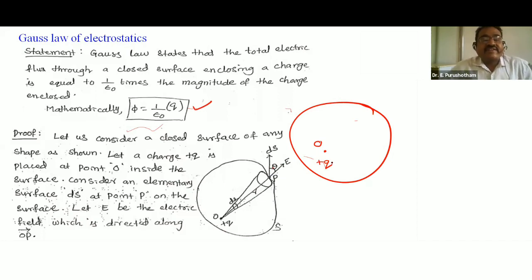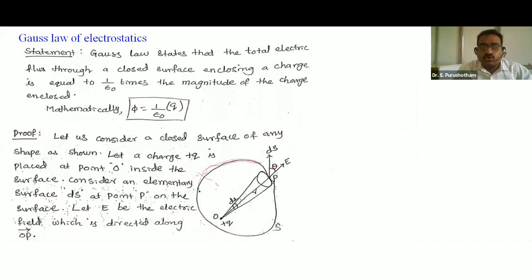Consider an elementary surface ds. From point O at a distance of small r, let us take a small elemental surface. This is the elemental surface direction, ds. This is the electric field intensity, and between these two is the angle theta. You can see in this figure.